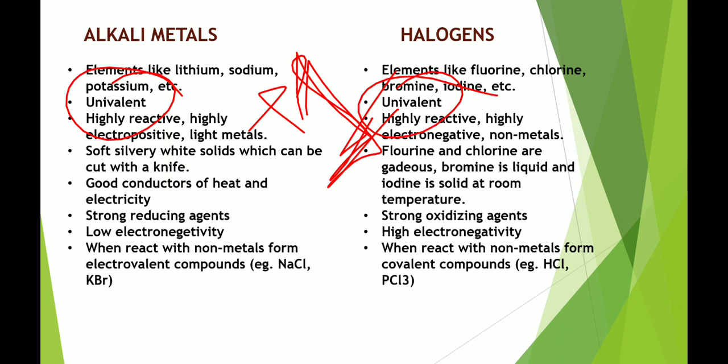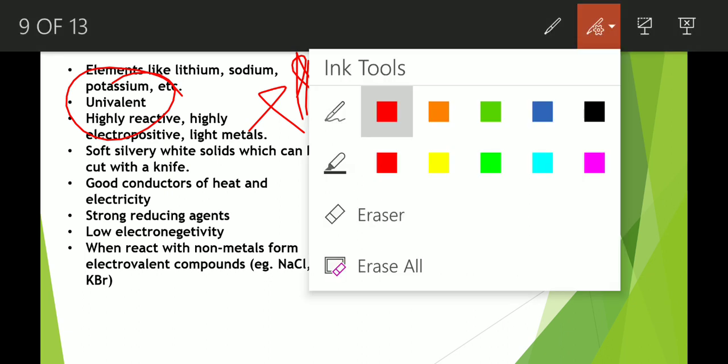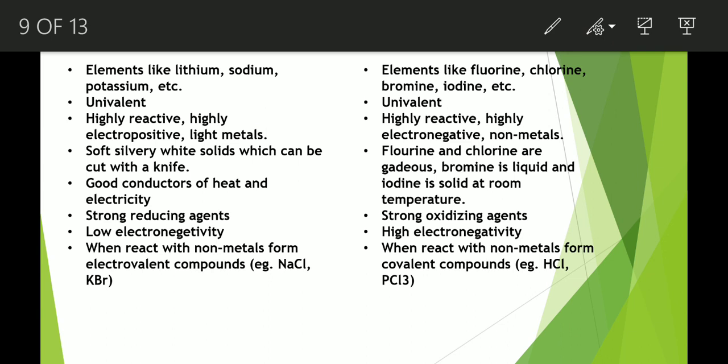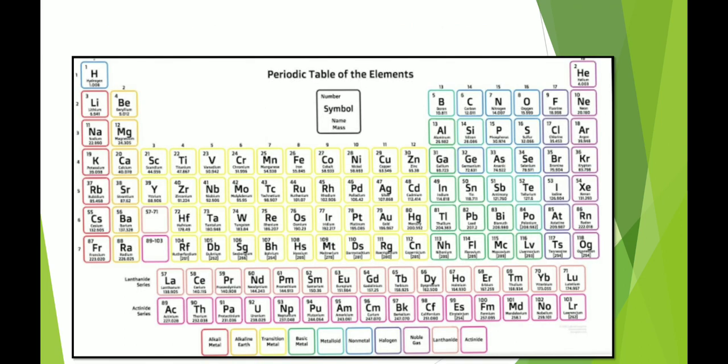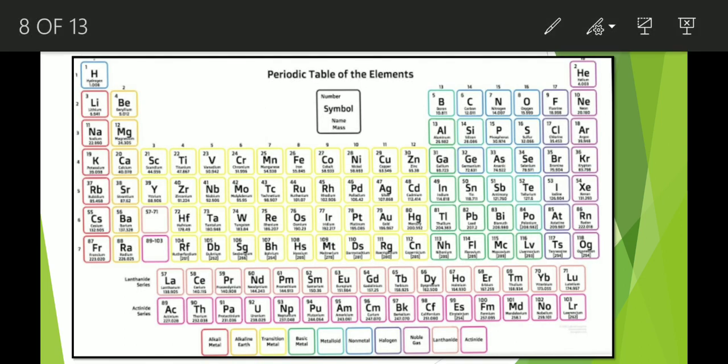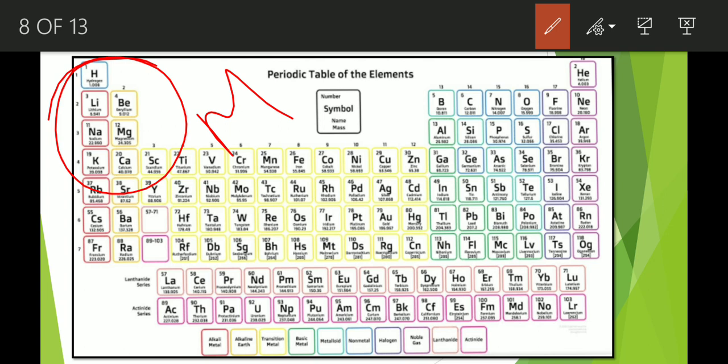Now both the halogens and alkali metals are highly reactive, but alkali metals are electropositive, whereas halogens are electronegative. Why? See, in my previous video, I have already told you that the elements which are present in the left of the periodic table, they are metallic. That means they are metals.